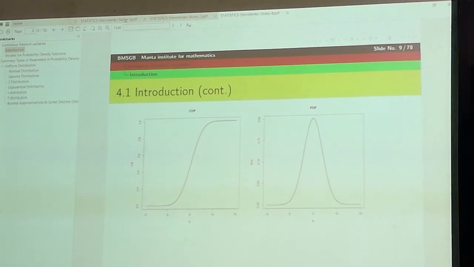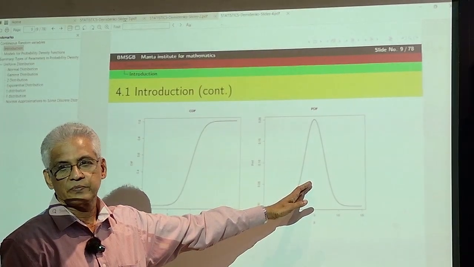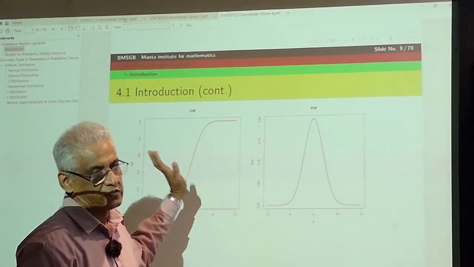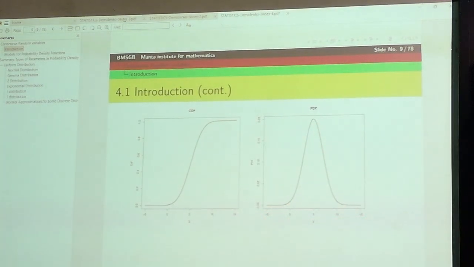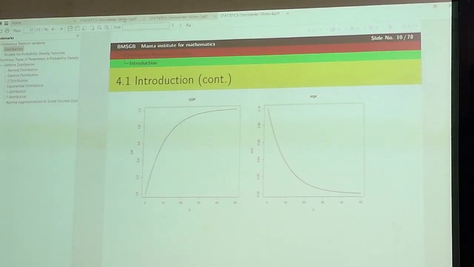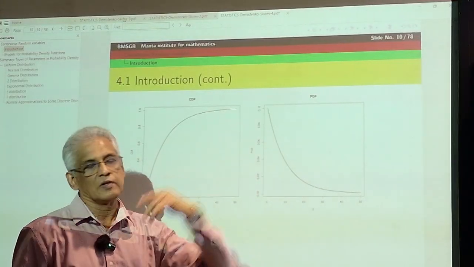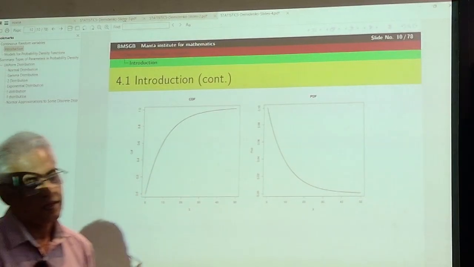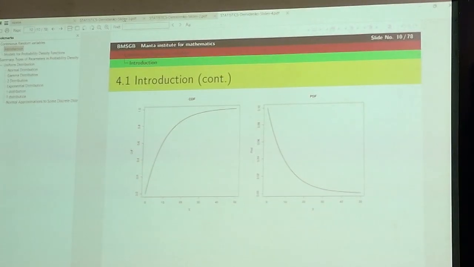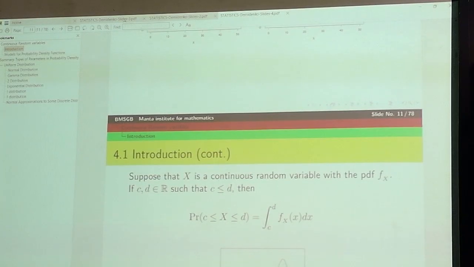If the cumulative distribution function is like that, then the density function will be like this, the derivative of this function. If the cumulative distribution function is like this, then the density function will be like this, the derivative. So those are some possibilities.